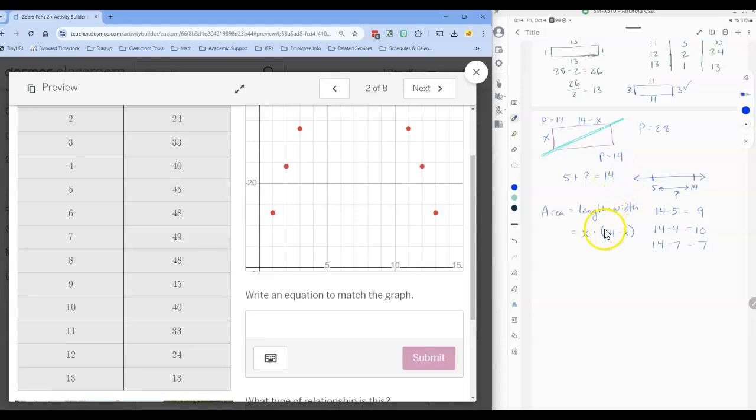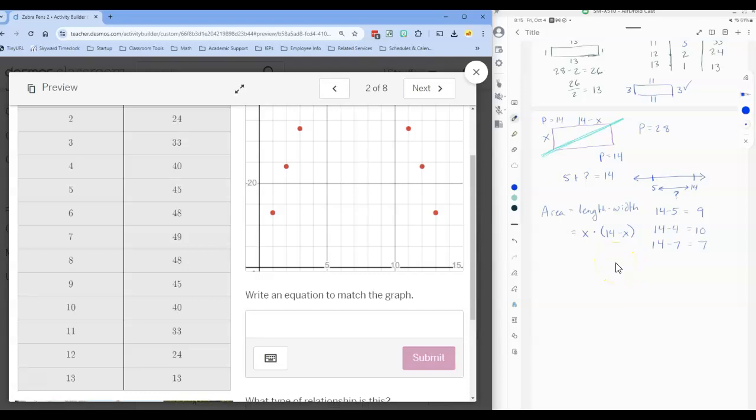Now notice that I did put parentheses around this 14 minus x because of PEMDAS. We would do multiplication first, but we need this whole side here to be 14 minus x. We don't want to do that multiplication first. We need to get the length or the width, whatever we're calling it, to be exactly that amount before we multiply. So that's why we put parentheses there, so it's calculated before the multiplication happens.